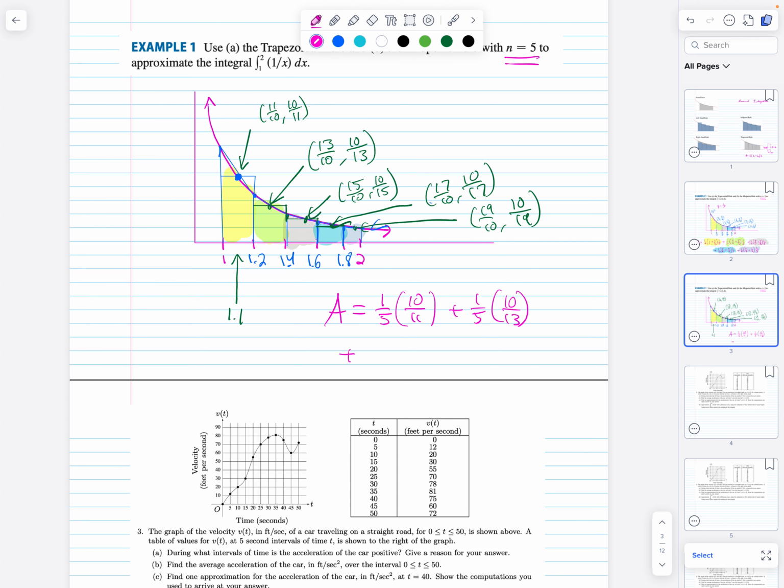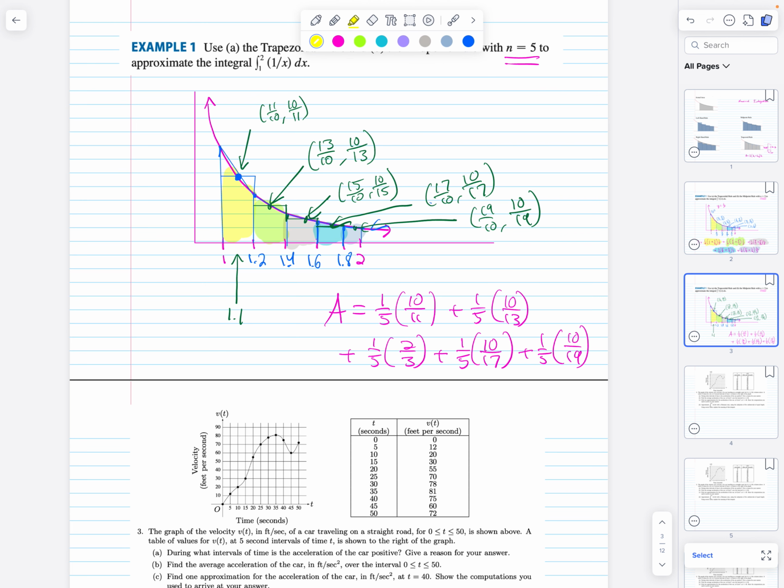My third rectangle has a base of 1/5 and a height of 10 over 15, which is the same as 2/3. My next rectangle still has a base of 1/5, has a height of 10 over 17. My last rectangle still has that base of 1/5 and a height of 10 over 19.